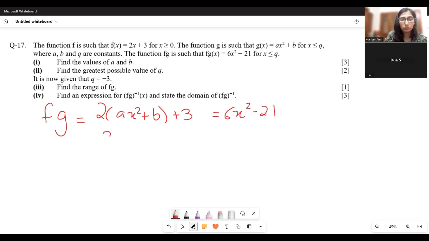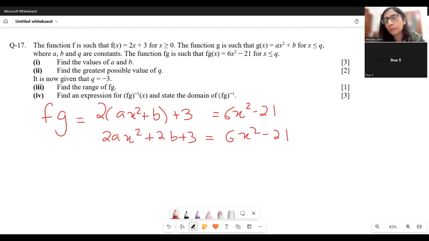So that would be 2ax squared plus 2b plus 3 equals 6x squared minus 21. Now we compare the coefficients on both sides. The left-hand side, the coefficient of x squared is 2a. At the right-hand side, the coefficient of x squared is 6. So that means a would be 3.